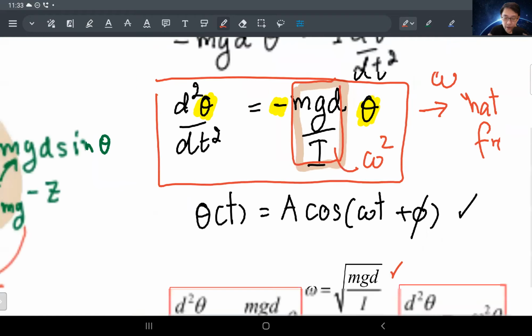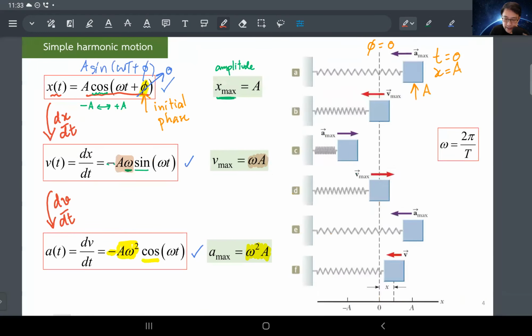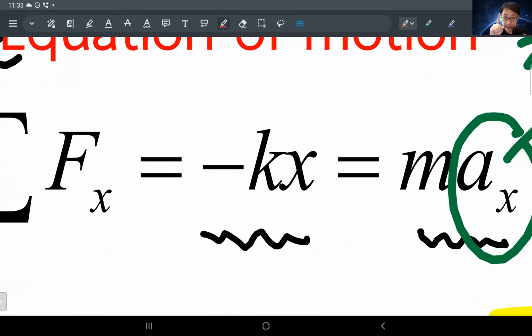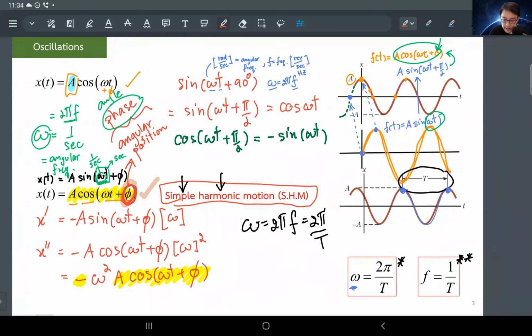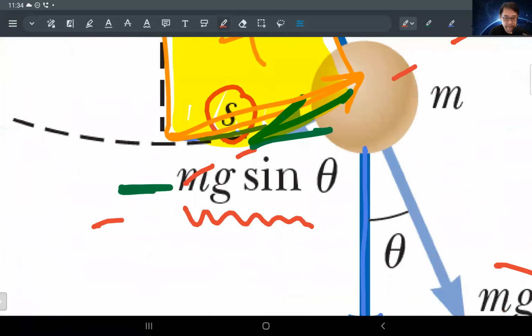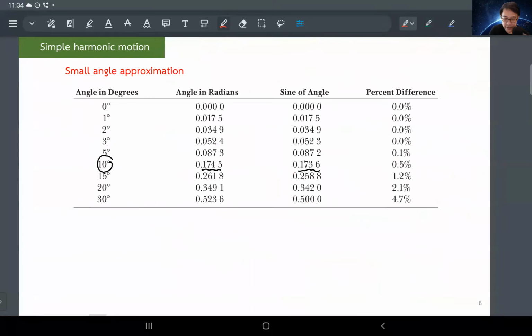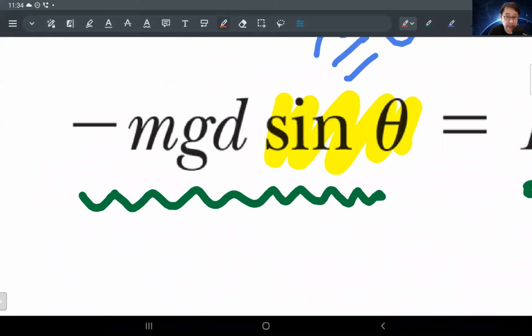And if you notice everything that we have done from the beginning, see this? Minus kx. Next, minus mg sine. See that? Zooming in and out is going to make you dizzy over here. Minus mgd sine theta, the torque.